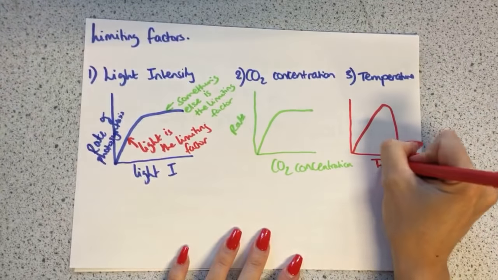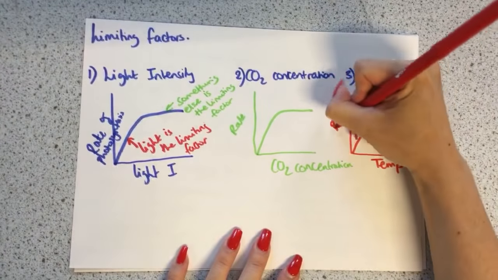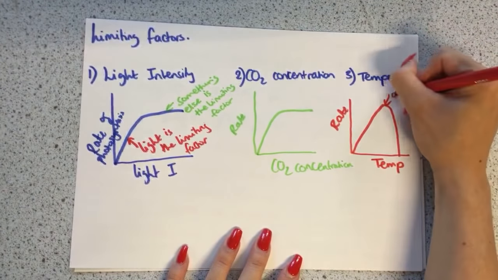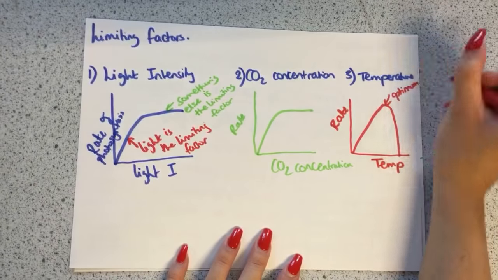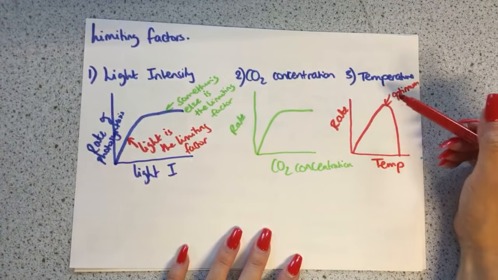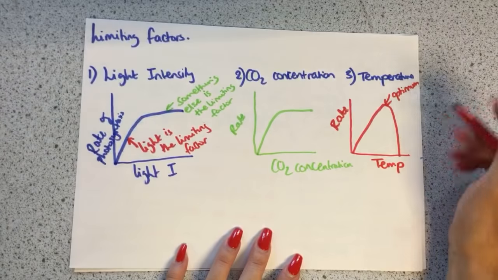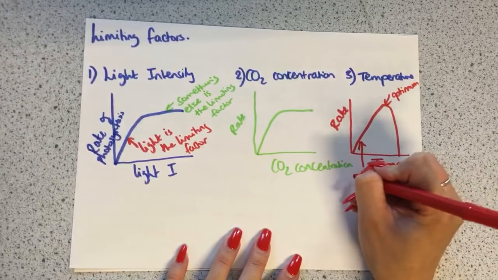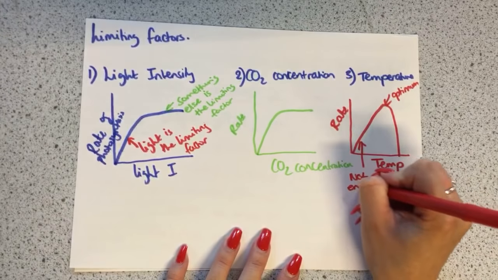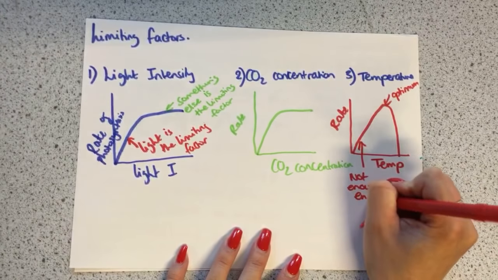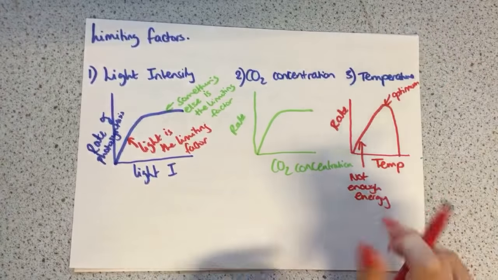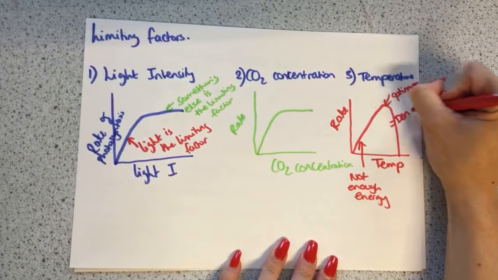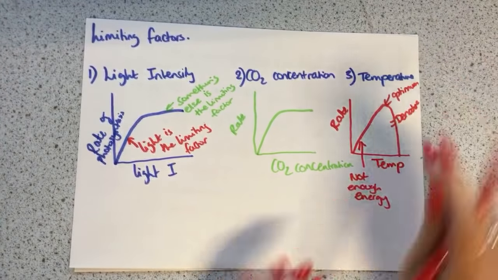So temperature and rate again up the side. And then you would have an optimum temperature. And this time it increases up to the optimum and then decreases. And you would have to say because at too low a temperature, there is not enough energy. But at too high a temperature, enzymes denature, which Miss Neresi talked about earlier.